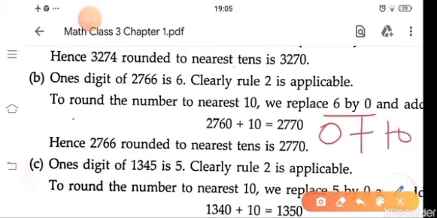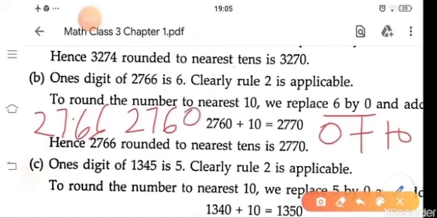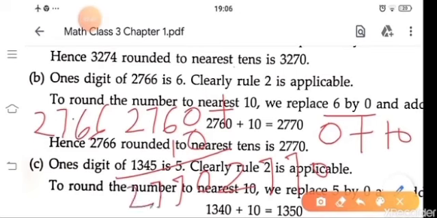The number 2766 becomes 2760, and adding 10 to 60 makes it 2770.